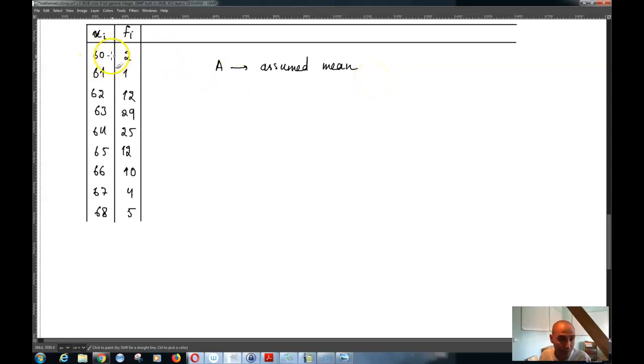And then we have seen that even when you subtract your assumed mean from your x of i, your x of i is still a little bit too large.